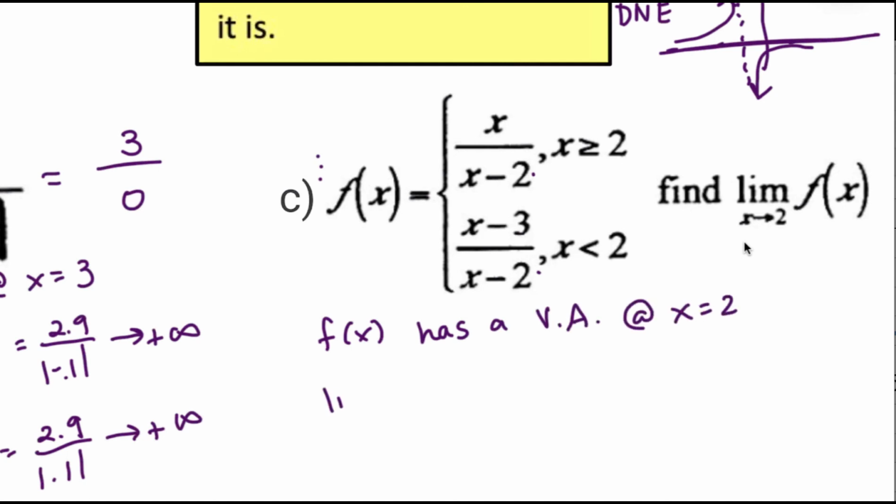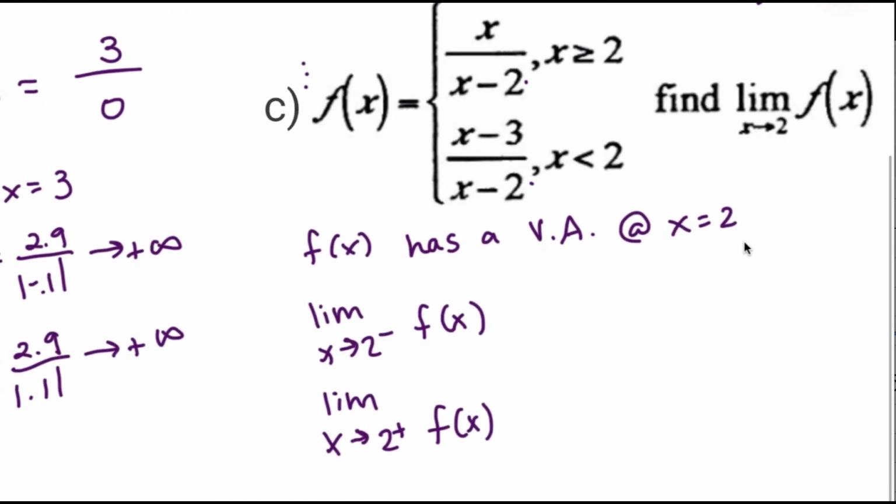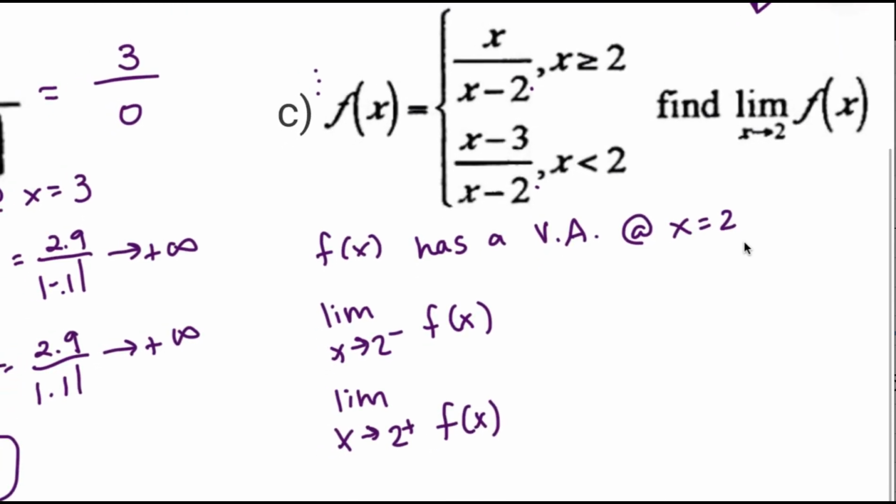And now let's look at the limit as x approaches 2 from the left, and the limit as x approaches 2 from the right. So the main thing with this piecewise function is just make sure you're using the proper equation. So the limit from the left means I'm looking at values smaller than 2. That means I want to use this bottom equation for the limit on the left.